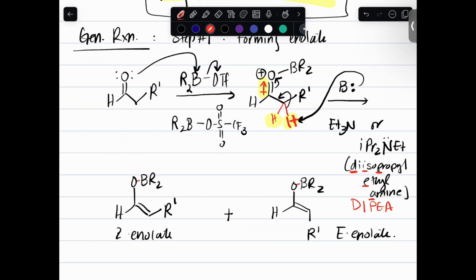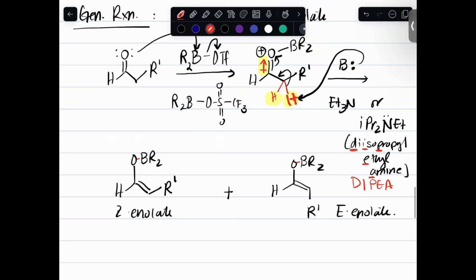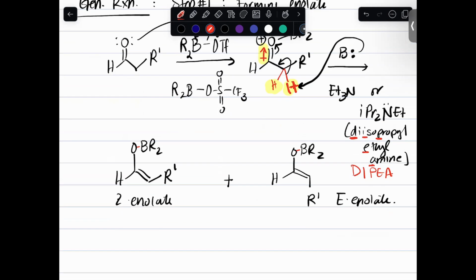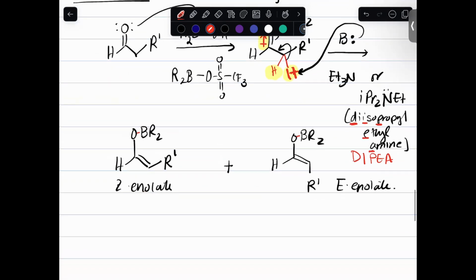Because once your boron is complexed to your oxygen, it can dictate what enolate you're going to form. So why is that? It all depends on the R group on the boron.